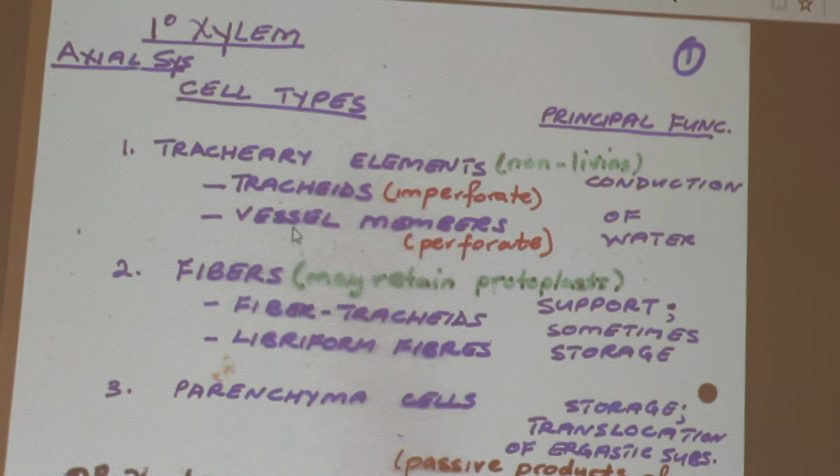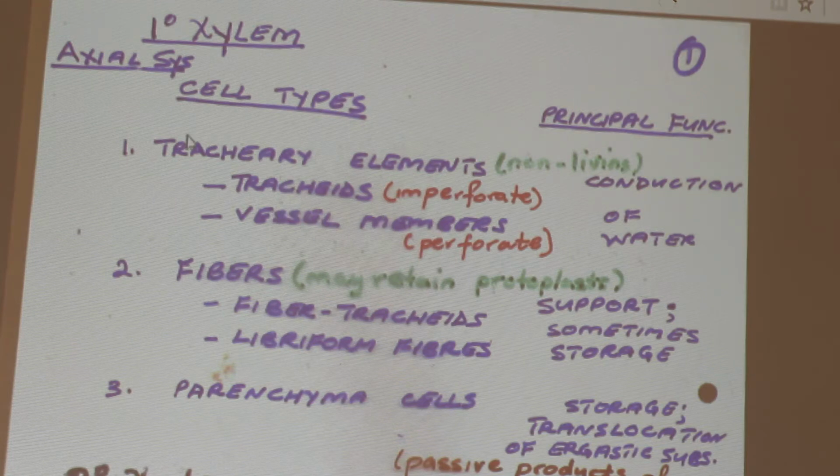Now, a vessel member is a single cell. When vessel members join end to end through their perforations, then we have a vessel. When it is one, it is a vessel member. When they're joined and form a pipe, then the pipe is called a vessel. So if you're supposed to talk about cells of the xylem, you talk about a vessel member, not vessels.